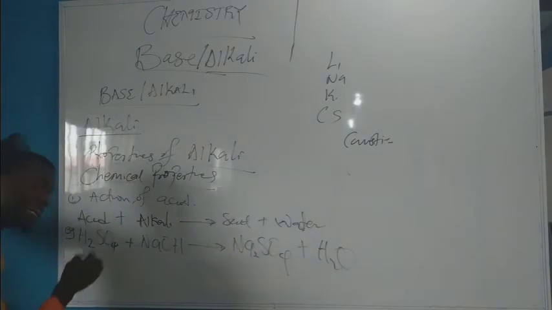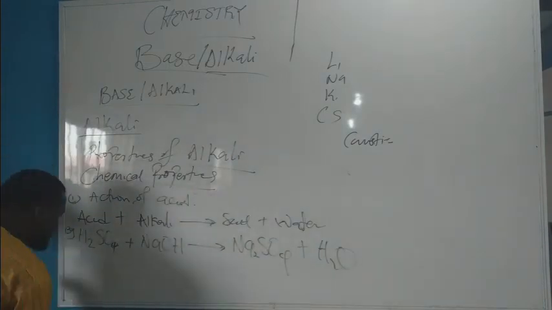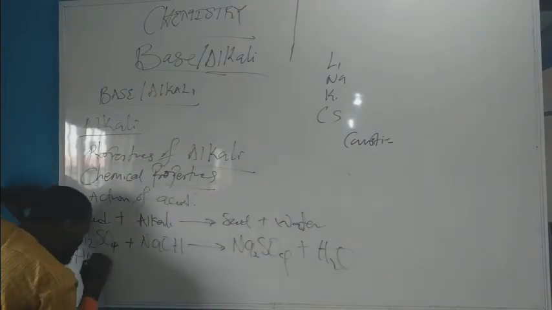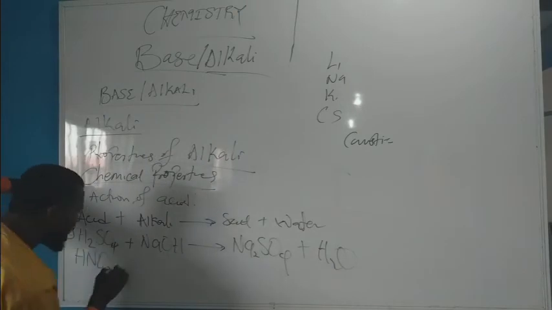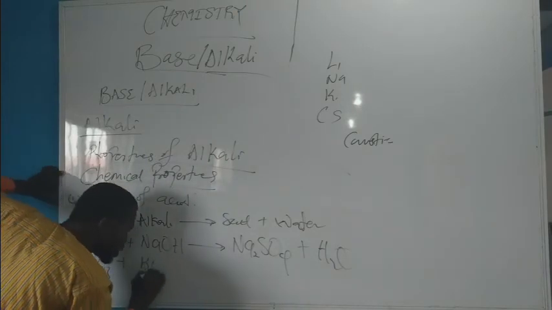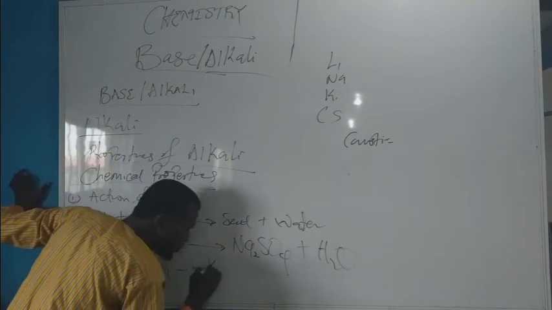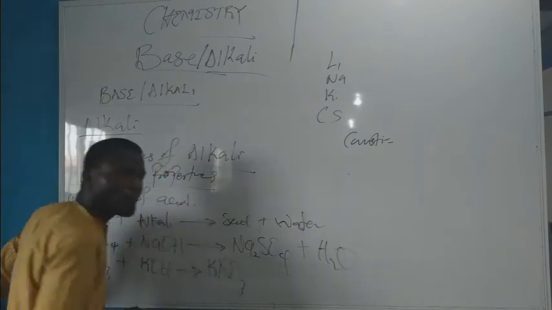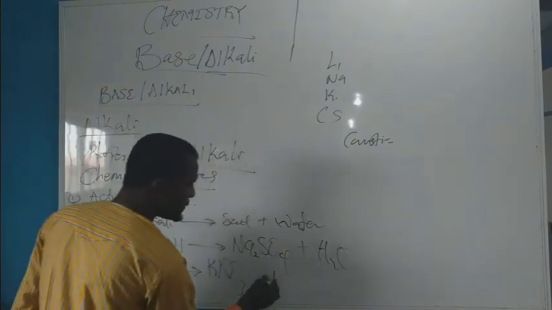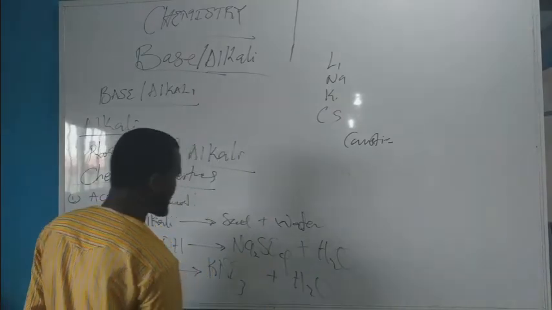Water. Another example is trioxonitrate(V) acid, old name nitric acid, plus potassium hydroxide, giving you potassium trioxonitrate(V), that is potassium nitrate, plus what? Water.